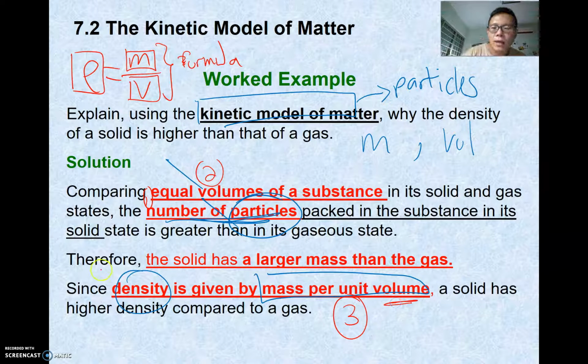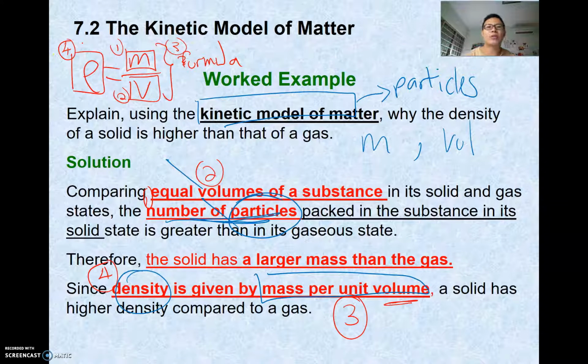After that, I give the conclusion about what happened to the density. So it will be mass, volume, formula, followed by the final outcome. When you talk about explanation, it's quite related to your mathematics, because the keywords come from your mathematical formula. Students just need to know how to use it.